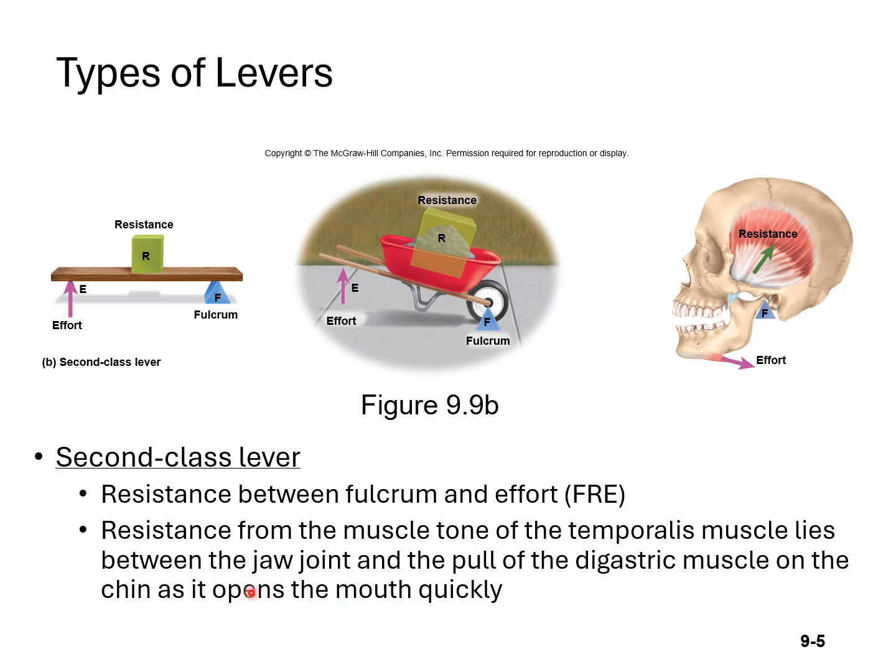In this example, the temporalis muscle lies between the jaw joint and the pull of the digastric muscles on the chin as it opens the mouth quickly. So effort and resistance are both on the same side of the fulcrum.